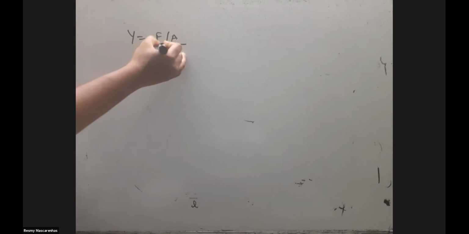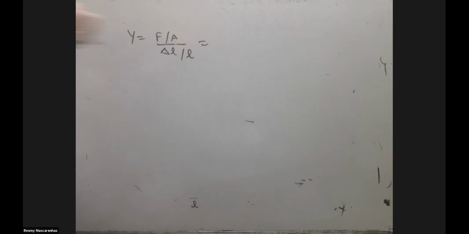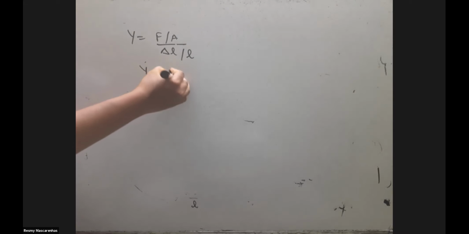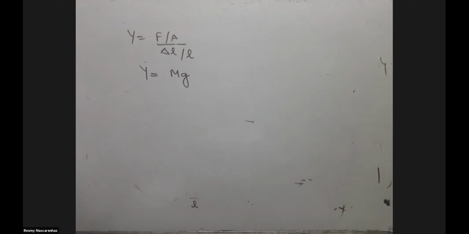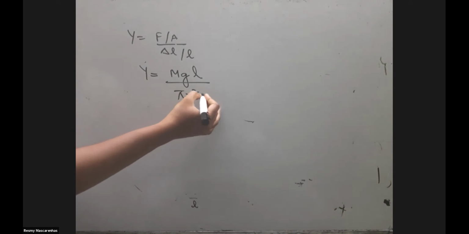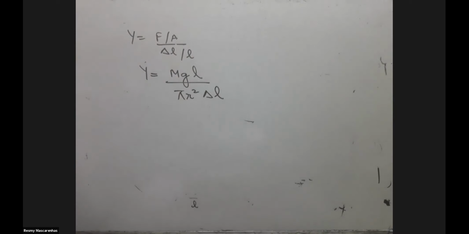Y was Young's modulus, stress upon strain. So F upon A upon delta L upon L, either this, or we had substituted the formula for area. Force is mass into acceleration, so with acceleration due to gravity it would be mg, the load, and this is L upon pi r square, either this or this. Now this was for longitudinal stress and strain.